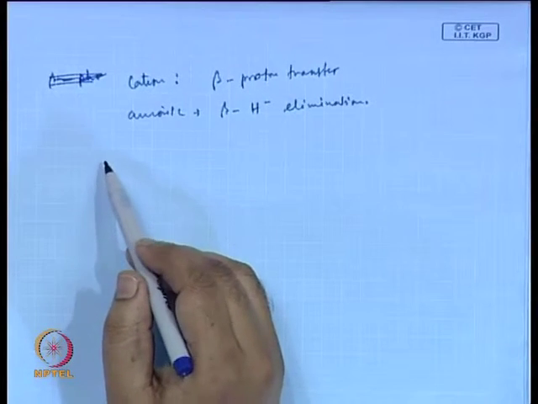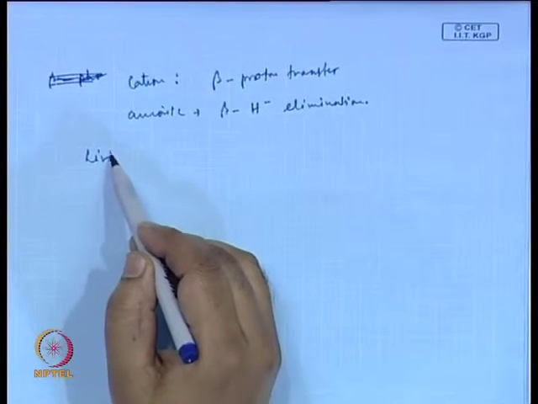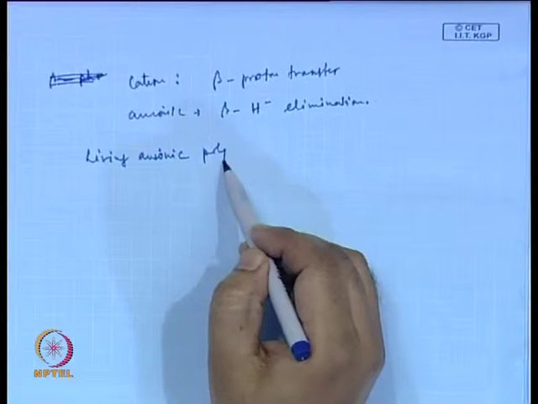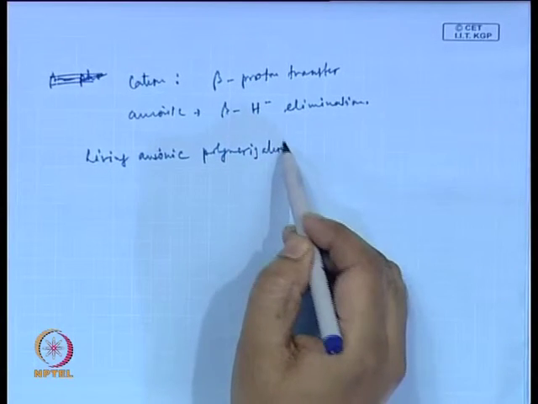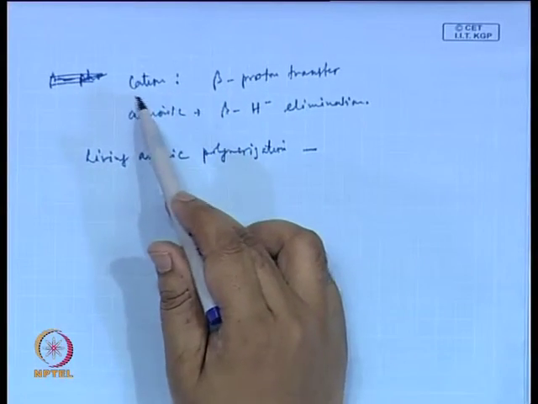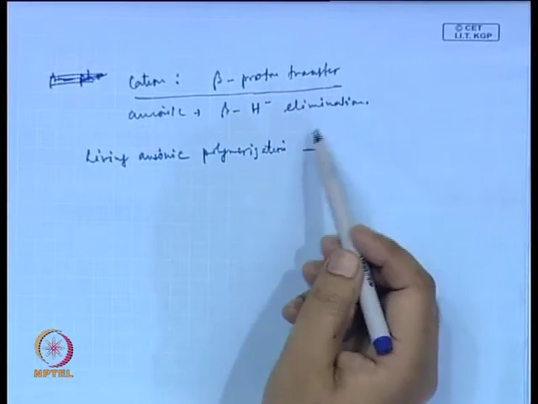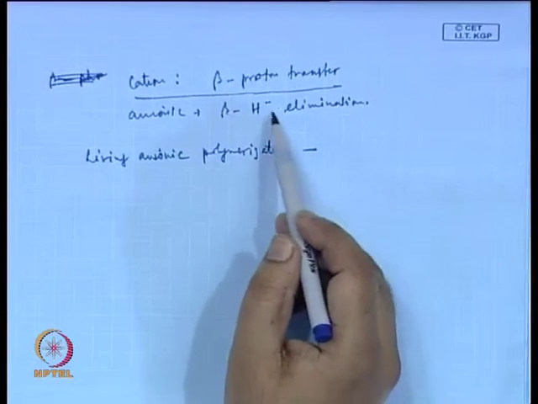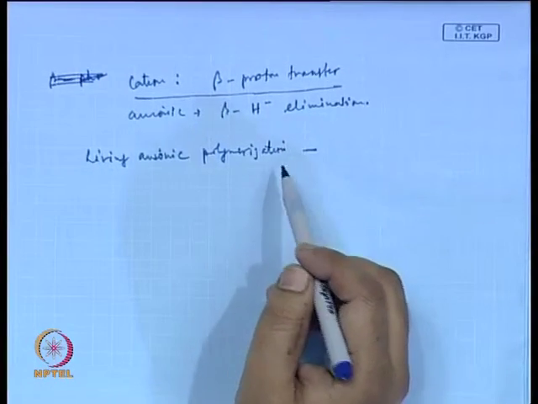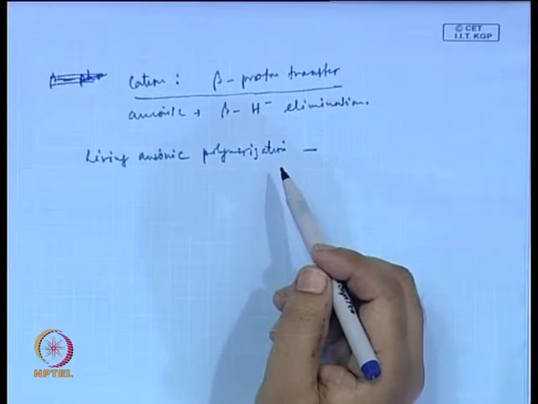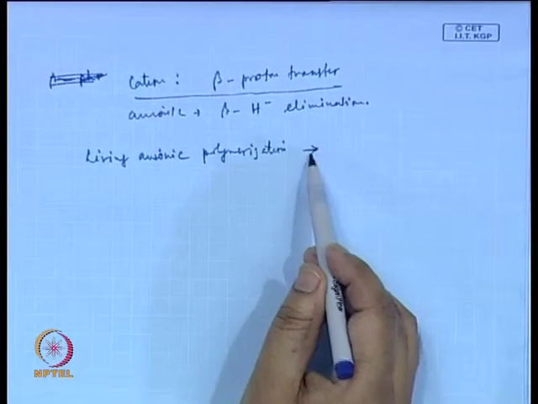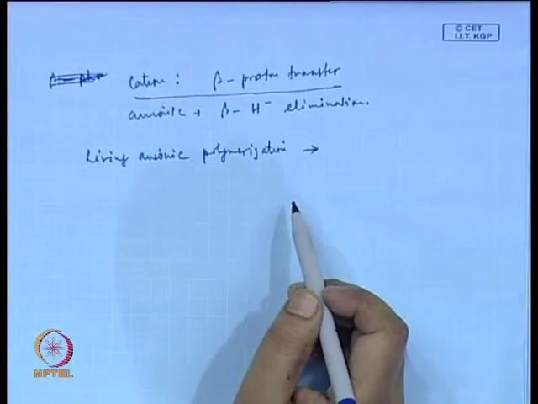That is why living anionic polymerization is comparatively easier than cationic polymerization, because in cationic polymerization these transfer reactions are very common and facile, whereas in anionic polymerization the transfer reaction requires beta hydride elimination, which is not an easy thing. So, living anionic polymerization is quite often easily achieved compared to living cationic polymerization.